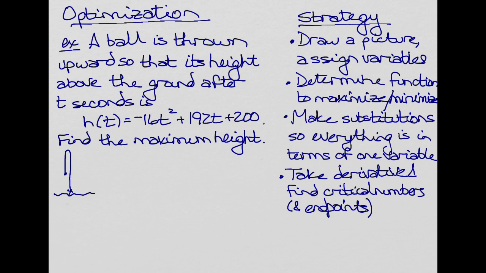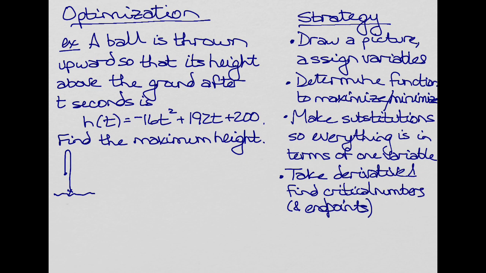And eventually it's going to land back on the ground so that its height above the ground is 0. So whatever the maximum is, it's not going to occur at the end. The maximum height above the ground is not going to occur after the ball has fallen on the ground. And the maximum also doesn't occur at t equals 0 at the beginning because I'm throwing the ball upward from there. So we've considered endpoints.